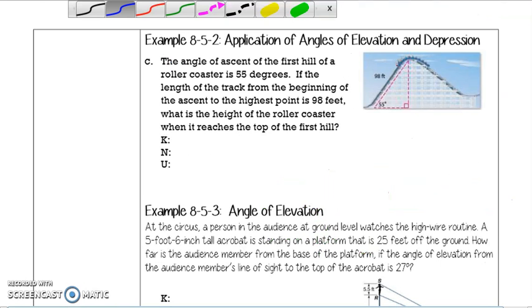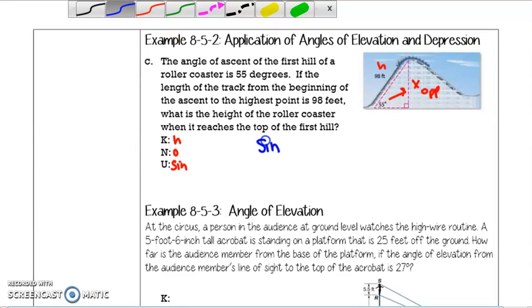For this next example, we've got a picture already drawn for us, which is nice. We have a roller coaster, 55 degrees here. We want to figure out the height, the unknown, which would be the opposite. And we know the hypotenuse. We need the opposite, so we're going to be using sine.